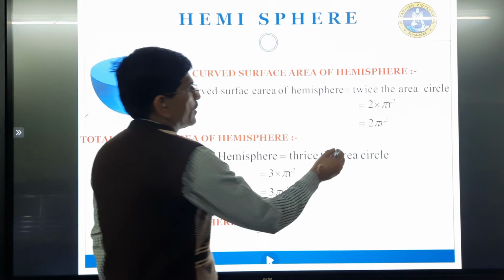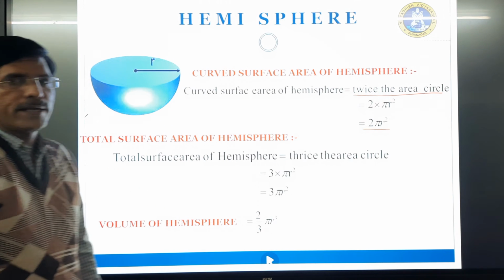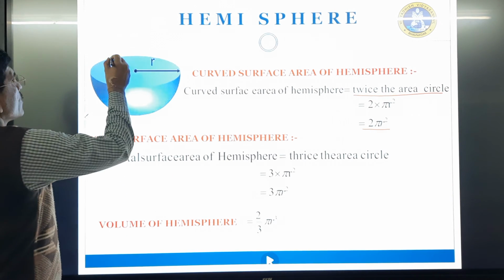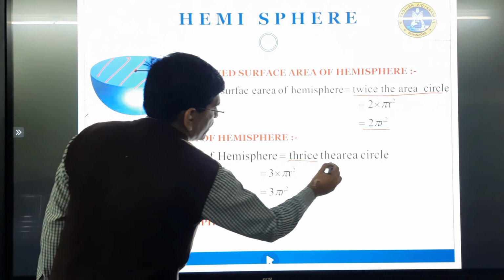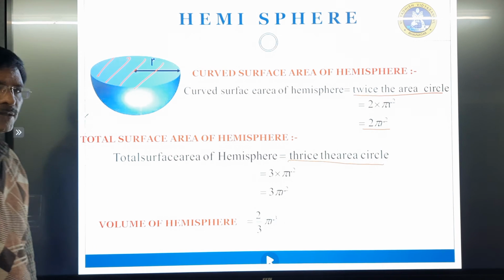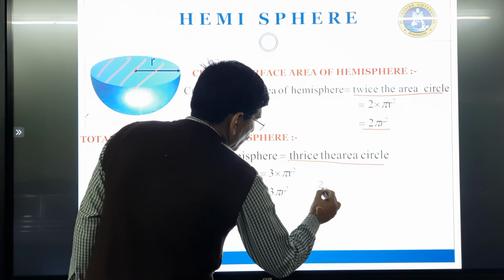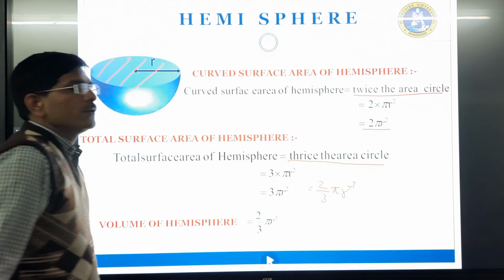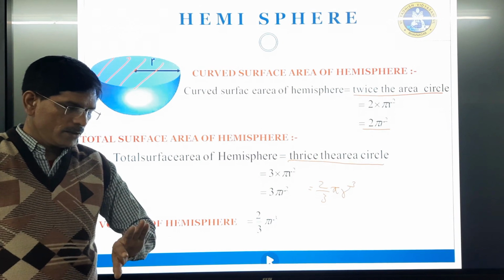Now the hemisphere. The curved surface area of a hemisphere is twice the area of a circle, that is 2 pi r square. The total surface area of a hemisphere includes the base, so 3 pi r square. And the volume of a hemisphere is 2 by 3 pi r cube. So that is sufficient. Mostly we have discussed all the formulas.